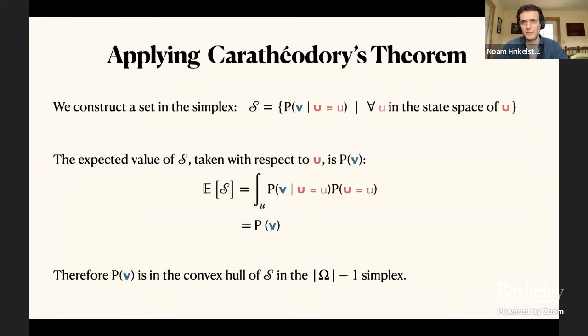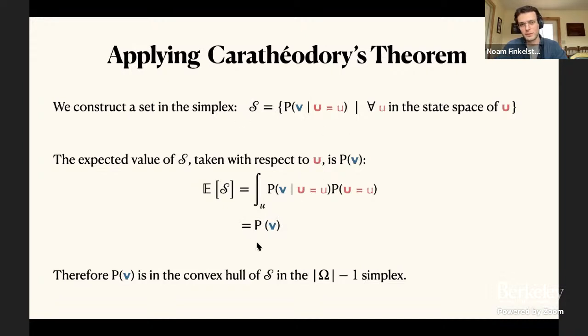So how do we apply this to our latent variable cardinality question? Well, we start by constructing a set in the simplex, which we denote script S. The set is going to be made up of the conditional distributions of the observed data conditional on the latent variable being equal to little u, for every little u in the state space of U. And then we observe that the expected value of this set, taken with respect to U, is just the marginal distribution.